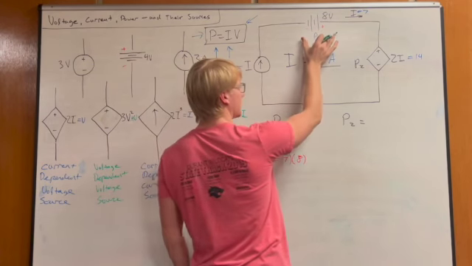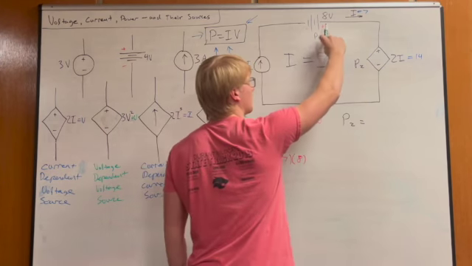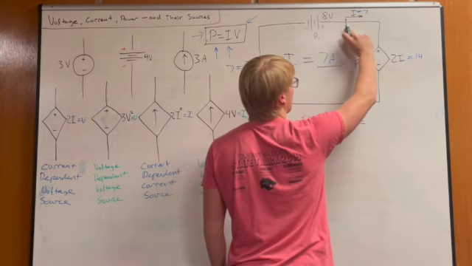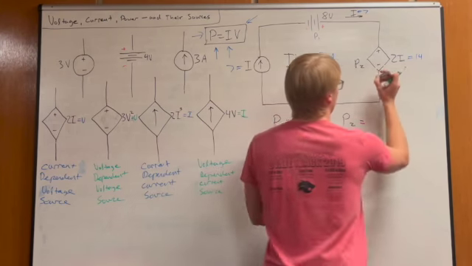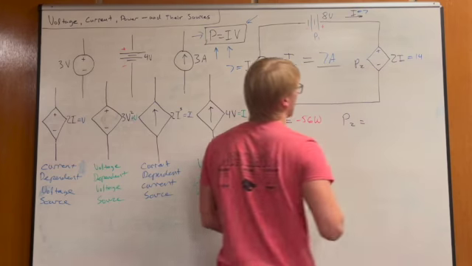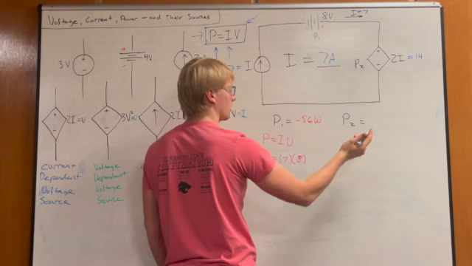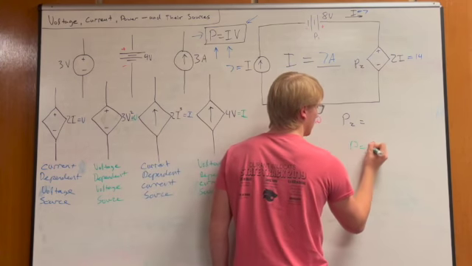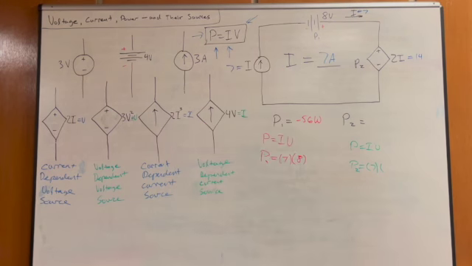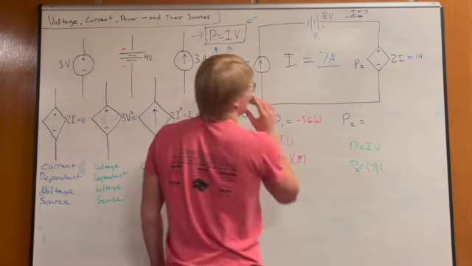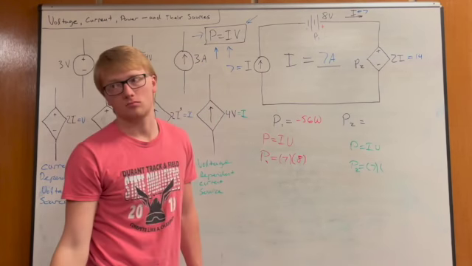Now that you've analyzed this one, we're going to analyze this one. The current flowing through this branch is 7, which you found earlier.